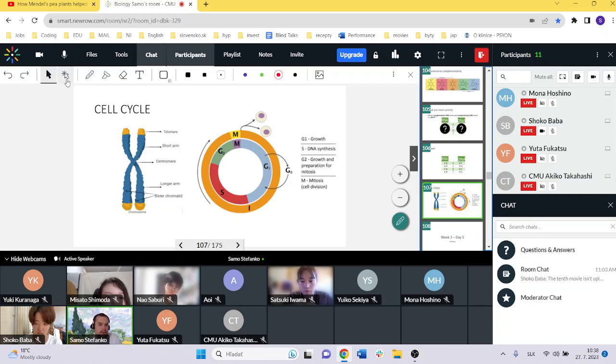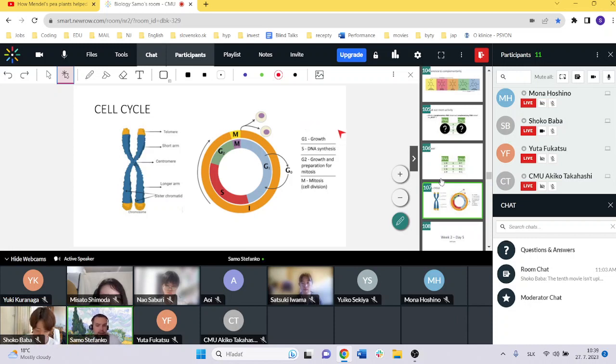In G1, the main processes are growth of the cell, growth of the organelles, and also the essential substances important for the upcoming cell division. So the cell definitely is not shrinking. On the contrary, the cell is growing.